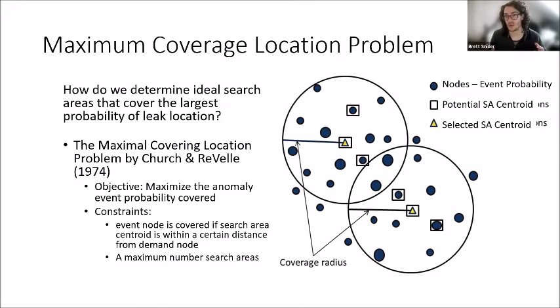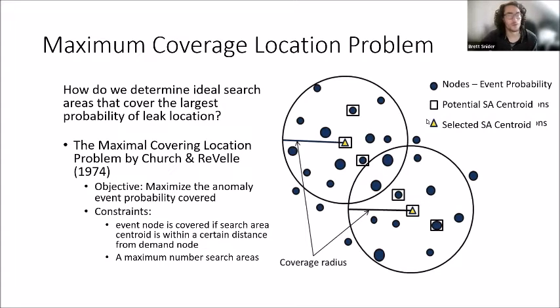The maximum coverage location problem algorithm then searches through those possible areas to maximize the demand covered given a range of coverage. This can be easily adopted to the anomaly localization approach, and this is how we adopted it.